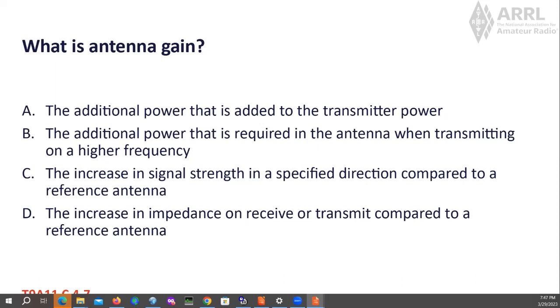The sun is an isotropic source. It radiates in all directions. The other thing that they refer it to is a dipole. So you will see those terms as in dBd or dBi. And there's about, I think, 2.7 dB difference between them. So some people like to use the dBi because it looks better than the dBd. But if you know what they're talking about, you realize that they're the same.